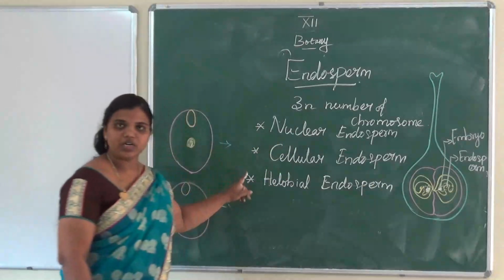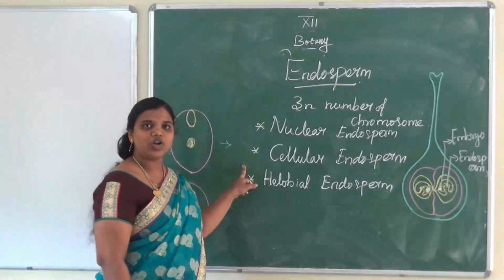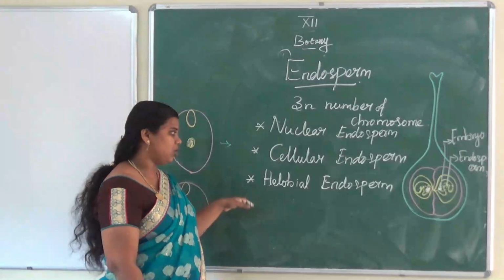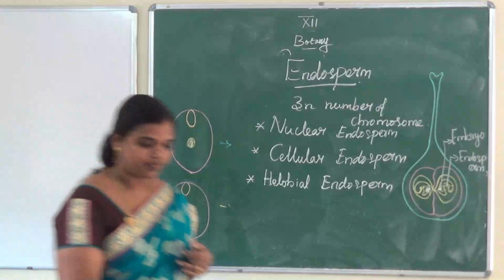First is nuclear endosperm, second is cellular endosperm, and third is helobial endosperm.